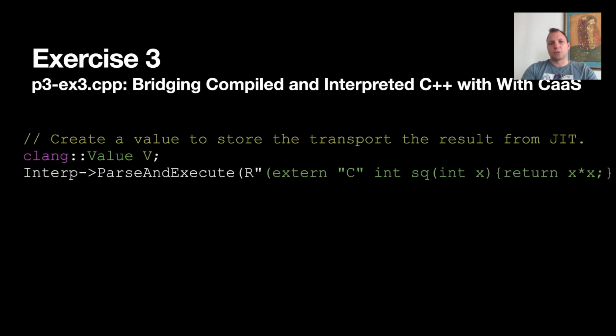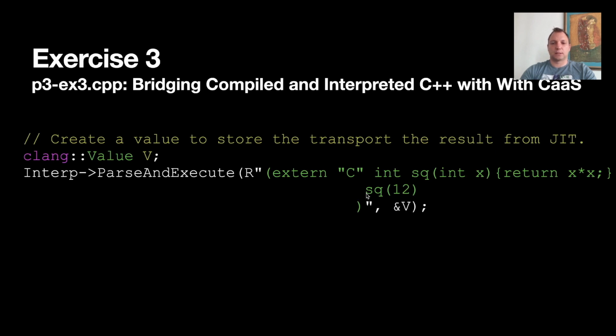So how do we bridge the compiled and interpreted code with the compiler as a service? As you saw, we allocate a clang value, which we then pass to our parse and execute interface. Here we define an extern C function called square, which is obviously the square of the input.